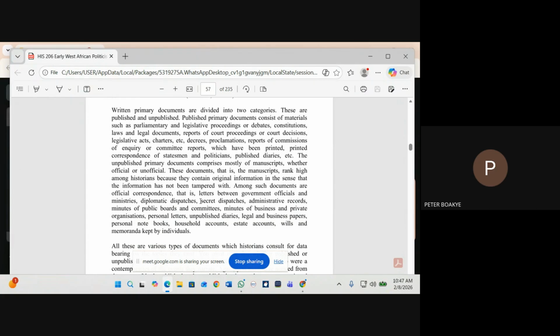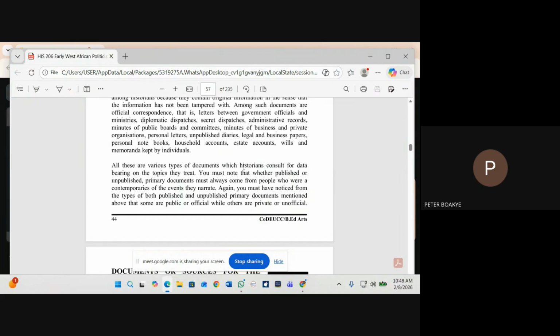Examples are official correspondence, such as letters between government officials and ministries, diplomatic dispatches, secret dispatches, administrative records, minutes of public boards and committees, minutes of businesses and private organizations, personal letters, unpublished diaries, legal business papers, personal notebooks, household accounts, estate accounts, wills, and memoranda kept by individuals.